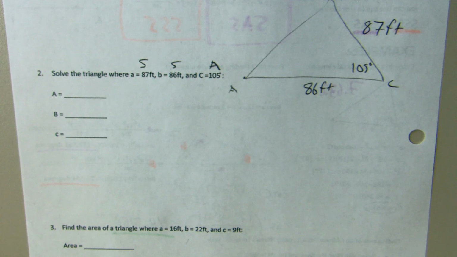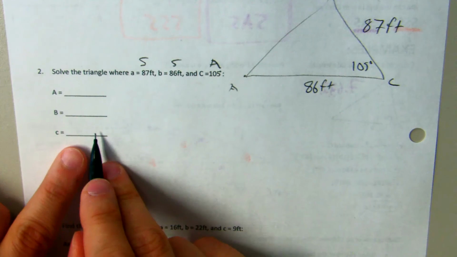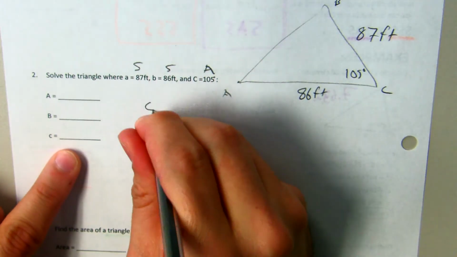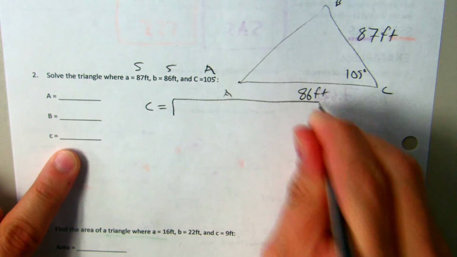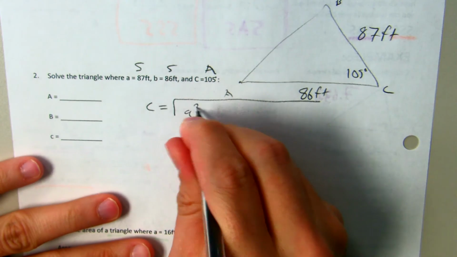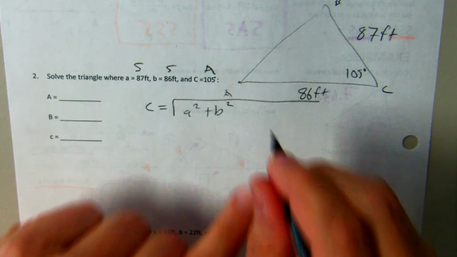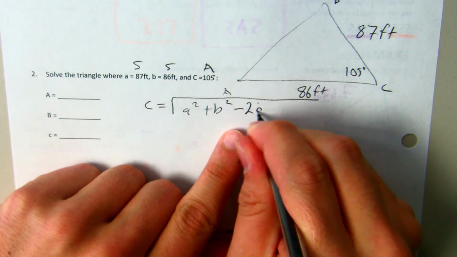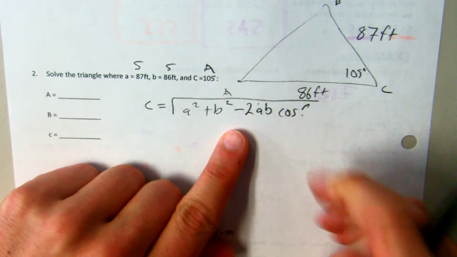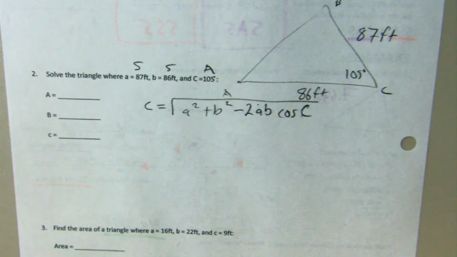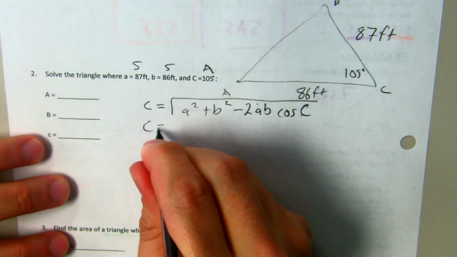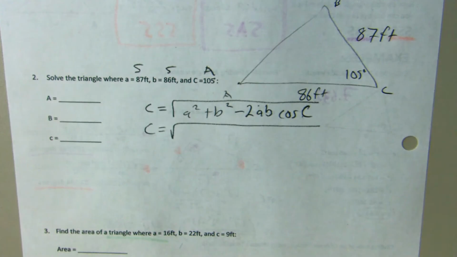So, let's say I wanted to find a side length, like C. Well, the formula says it would be the square root of a squared plus b squared, which is almost the Pythagorean theorem, but it's minus 2ab cosine C. And don't worry about memorizing the formula.